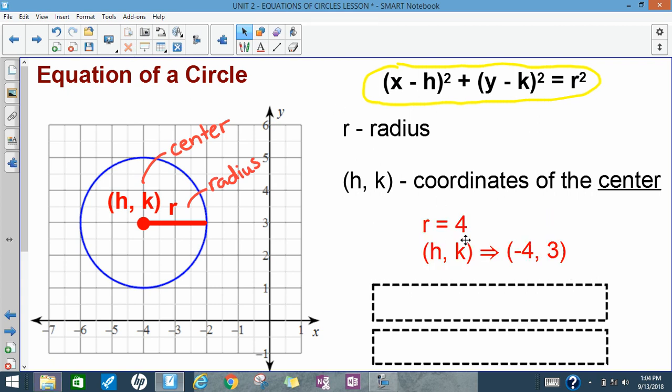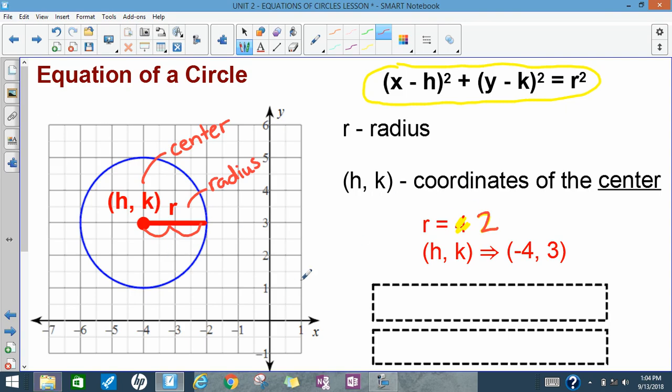So I can actually find the center and the radius of this circle. My center is at (-4, 3), and my radius is, sorry, it should be 2 units. If I start from the center and I count 1, 2, that's my radius.